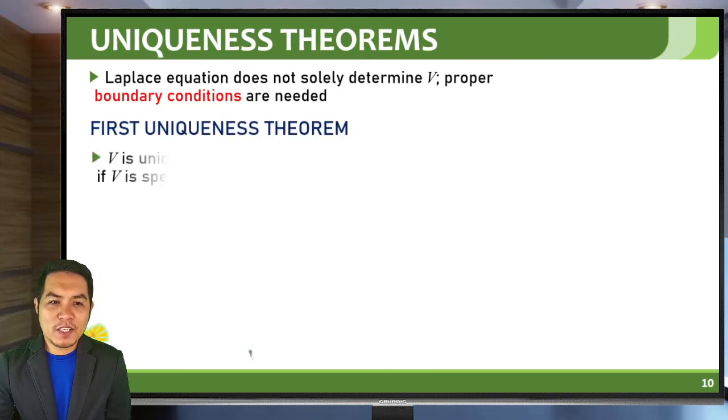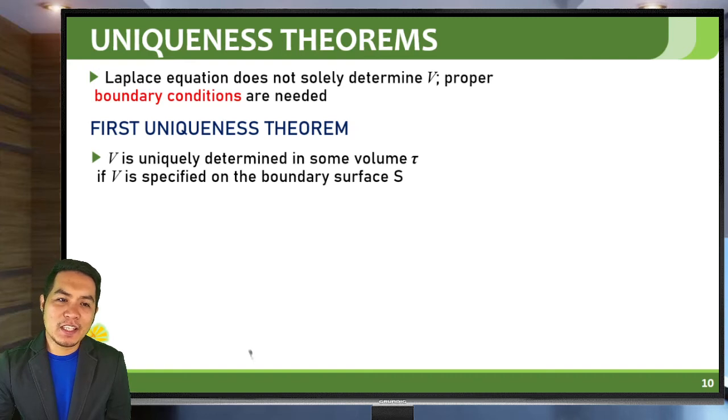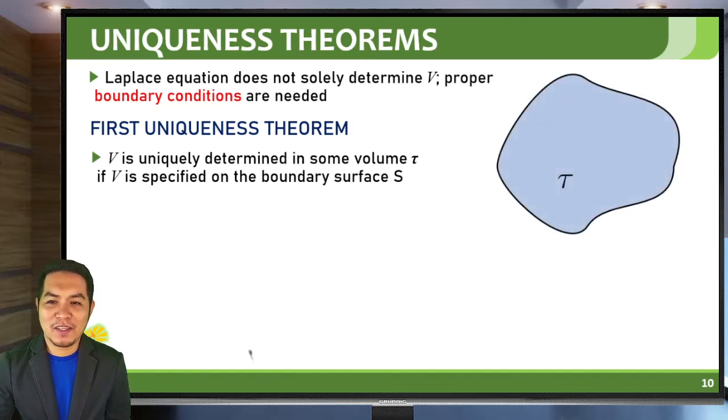So the first uniqueness theorem states that the potential V is uniquely determined in some volume tau. By the way, we need to change our notation for the volume, since I have just realized that in the previous chapter we've been using volume V and potential V at the same time.